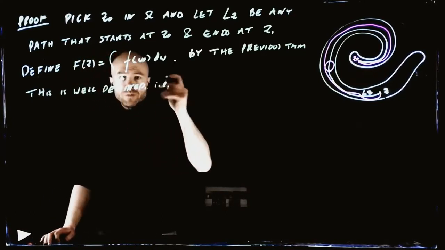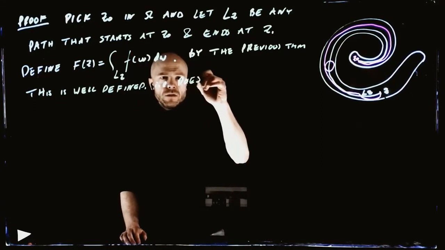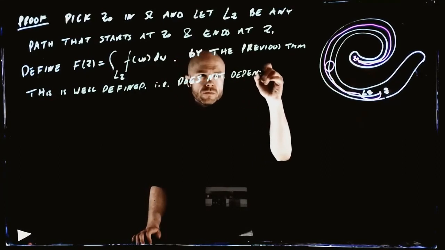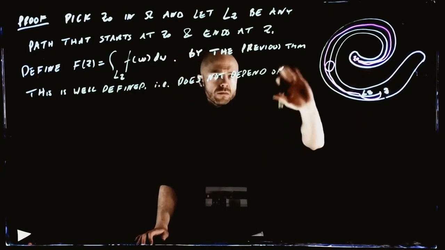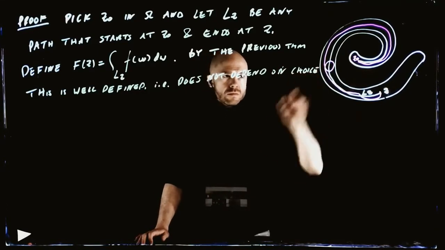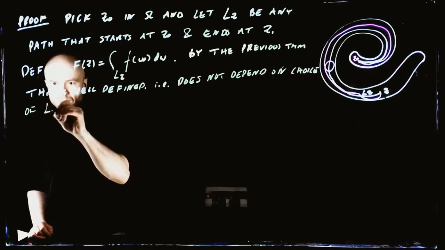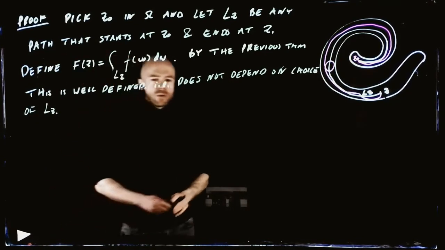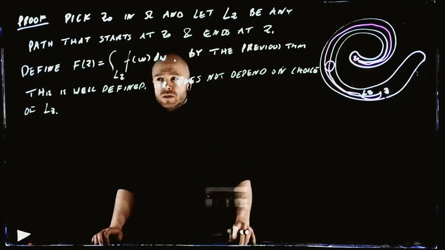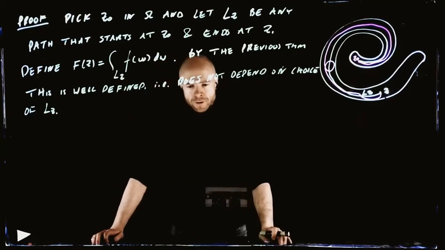It does not depend on a particular choice of path L. So we at least have a well-defined function. All right, someone else, how do we go forward? How is this helpful? Why is it the case that this thing is going to be the antiderivative?